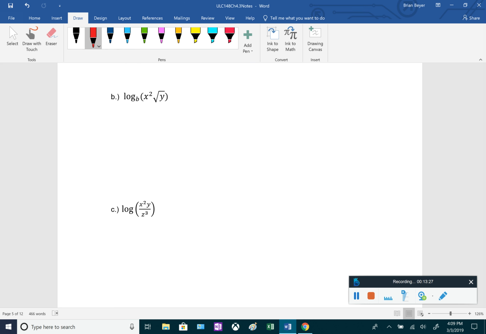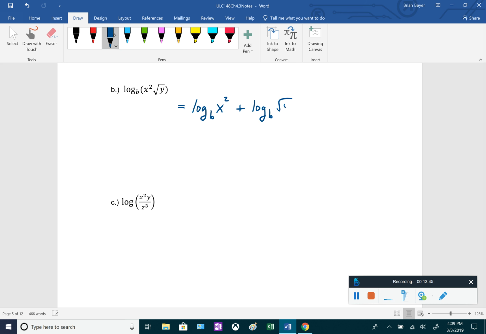Taking a look at this next one, we have log base b of x squared times the square root of y. So I'm going to rewrite this using the product rule: x squared times the square root of y, so that's going to be log base b of x squared plus log base b of the square root of y.